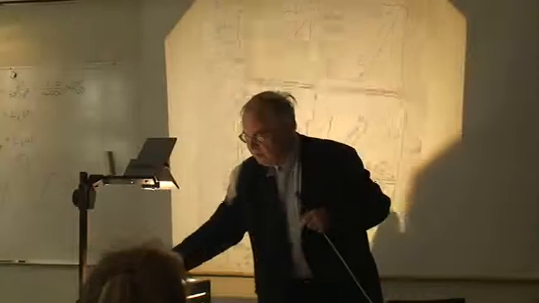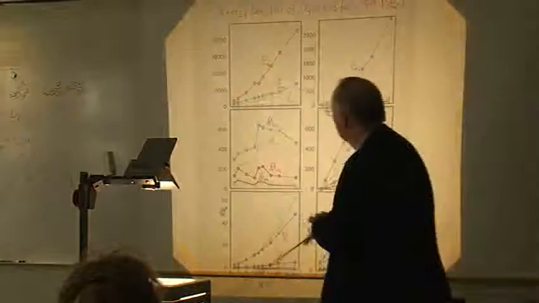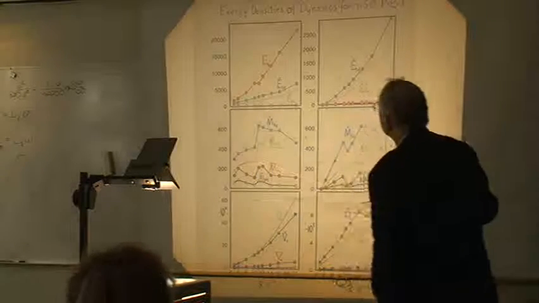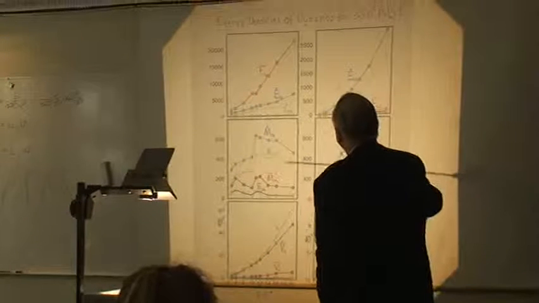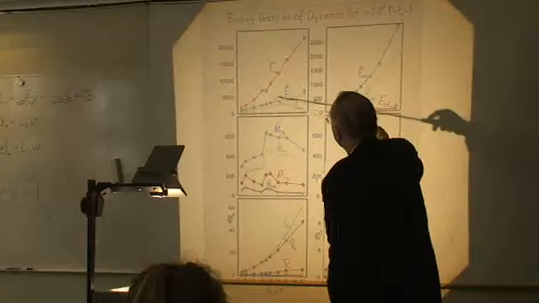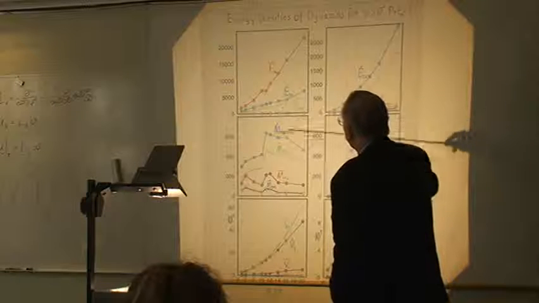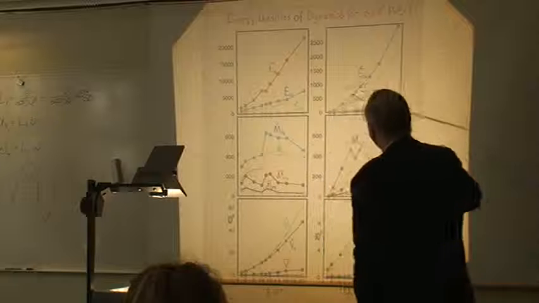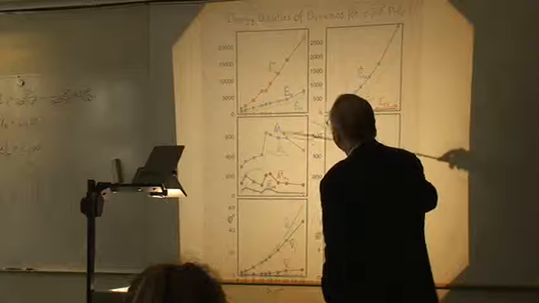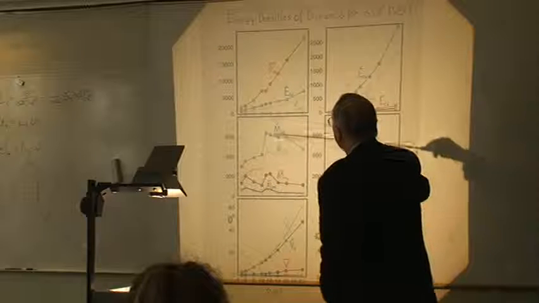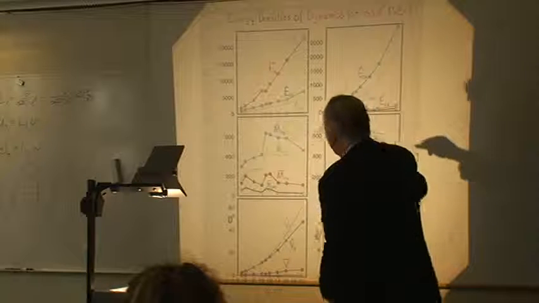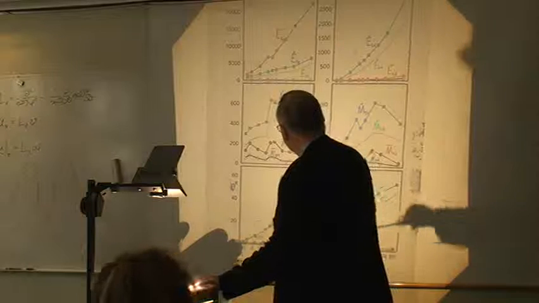We can of course also look at the energies and find diagrams like this. Here we have a comparison between the kinetic energy and the magnetic energy, and you see the kinetic energy is still much larger than the magnetic energy. The magnetic energy saturates if the Rayleigh number is too high, shown here at the bottom.